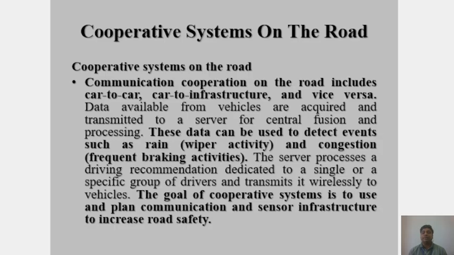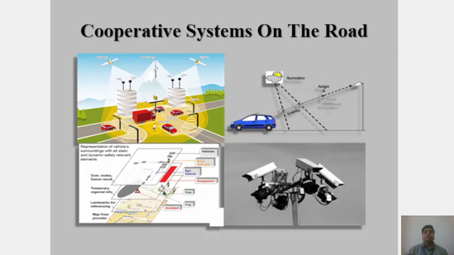Basically the goal of this cooperative system is to use communication and sensor information from the infrastructure to increase road safety. In order to ensure road safety, and to prevent collisions or any type of accidents on the road, this cooperative system on the road is very essential. This is how it looks.